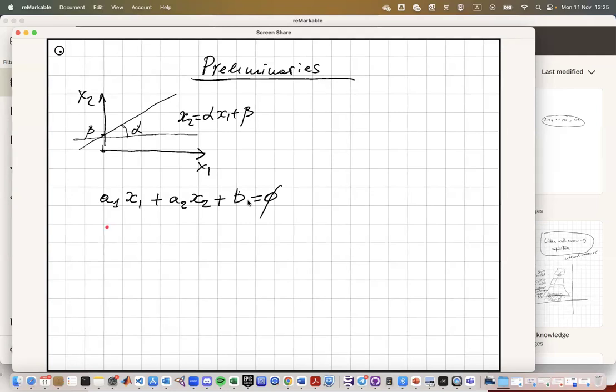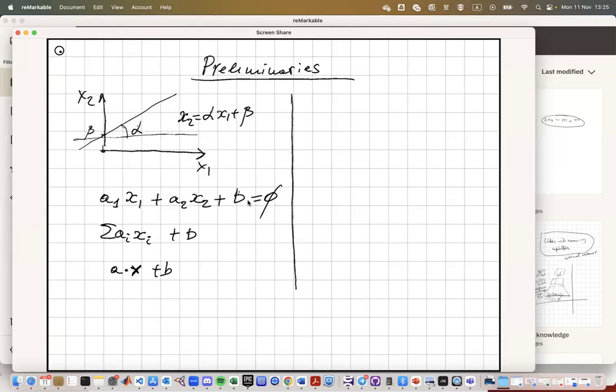Or in other words, we can write it as the sum of a_i x_i plus b, or in the vector form we can write it like this. Again, this is on the rights of notations.